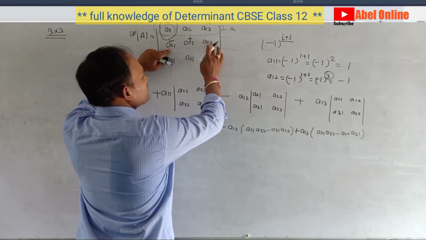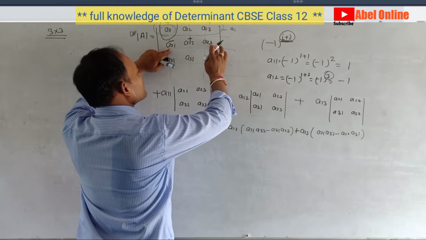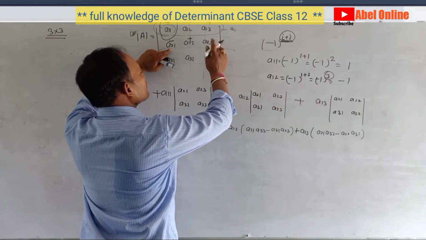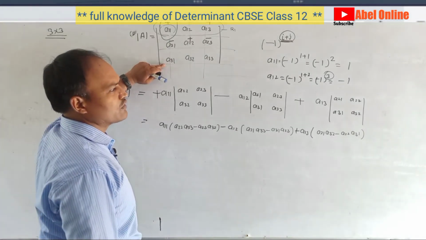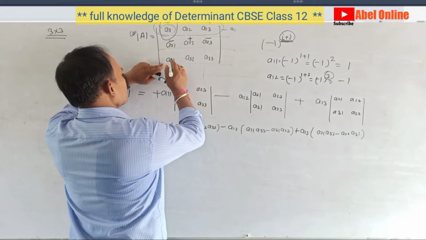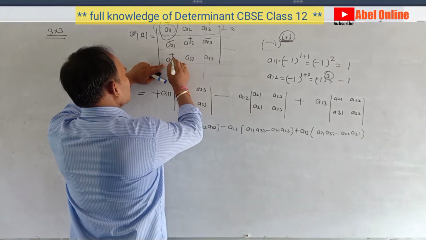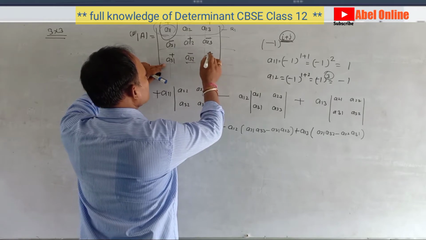For A23, 2 plus 3 is 5, an odd number, so we use a negative sign. For A31, 3 plus 1 is 4, an even number, so we use a positive sign. A32 is a negative sign and A33 is a positive sign.